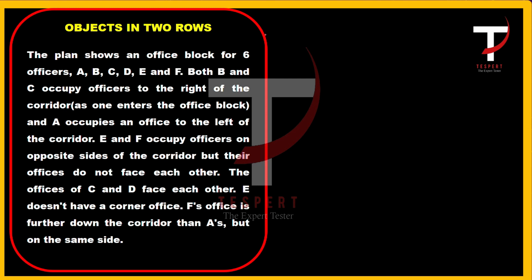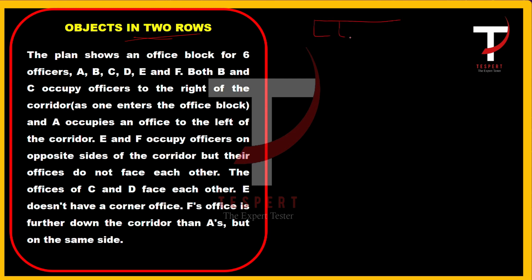So this is the next arrangement of objects in two rows. The plan shows an office block of 6 offices, A, B, C, D, E and F. I will draw that.